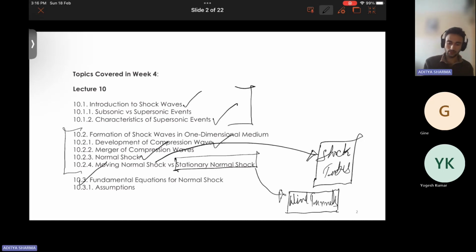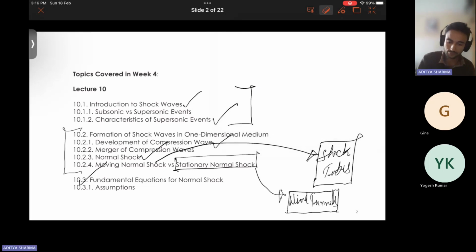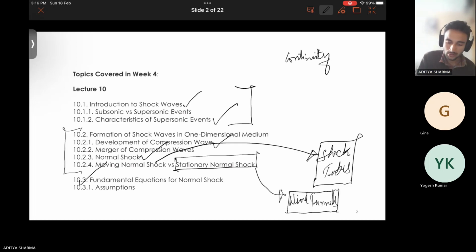So you will frequently encounter these equations, which are nothing but the continuity equation, then the momentum equation, then the energy equation.